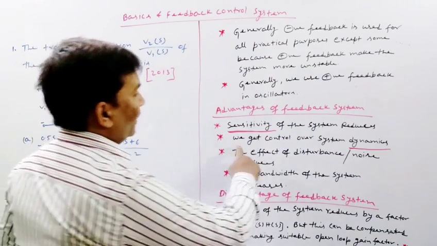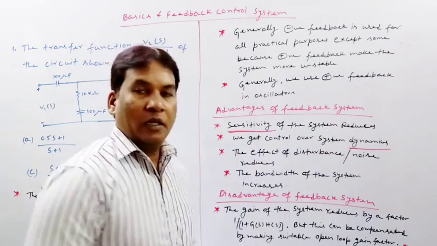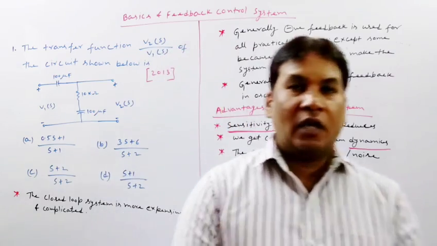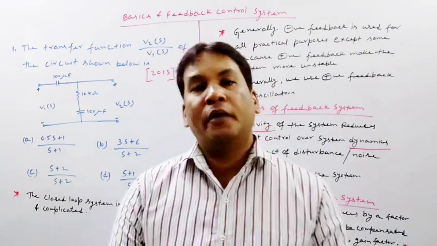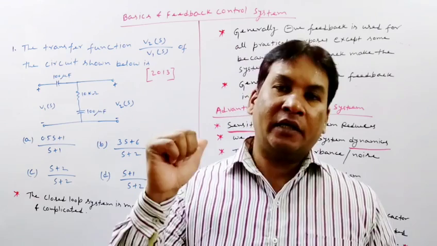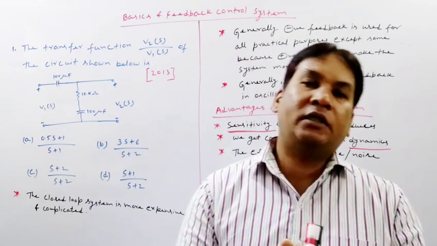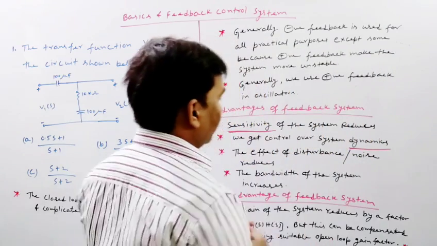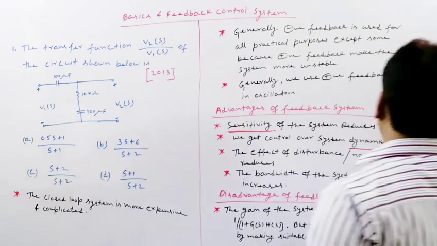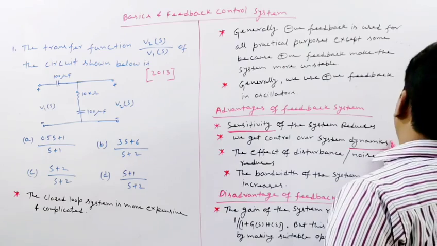So we get control over system dynamics. Now, by use of feedback, the system dynamics, or you can say the transient period of the system, reduces. So let me write here in brackets, reduces.